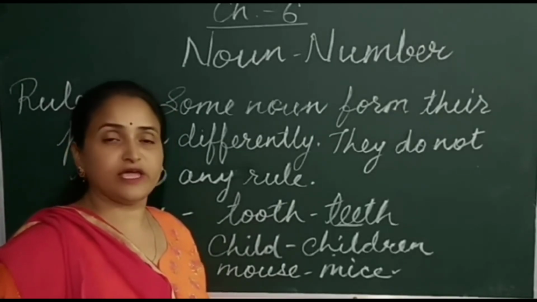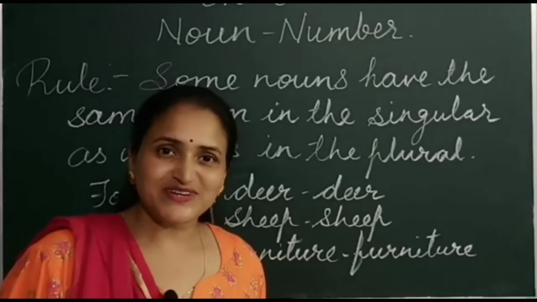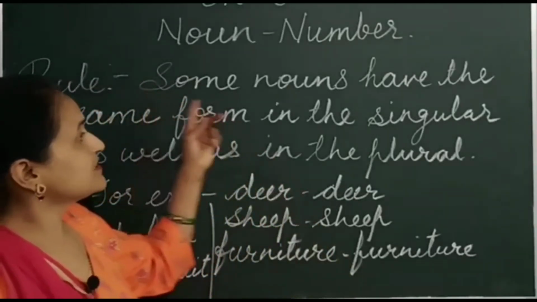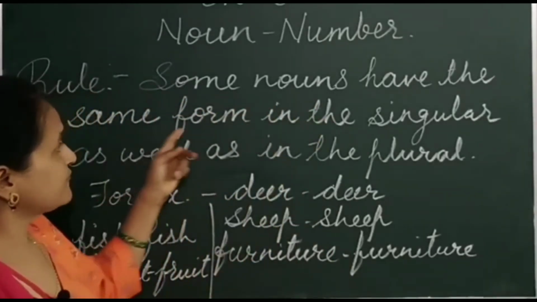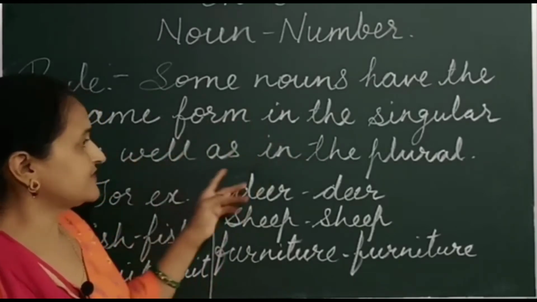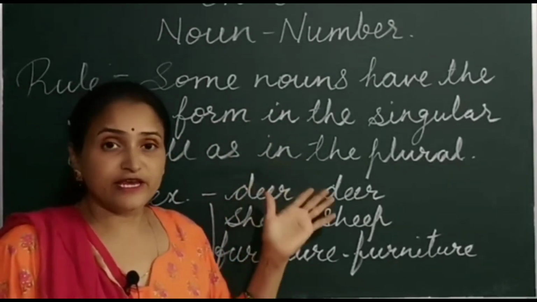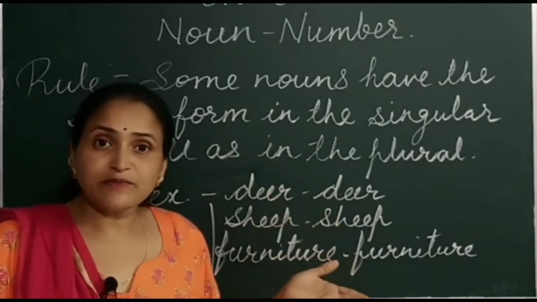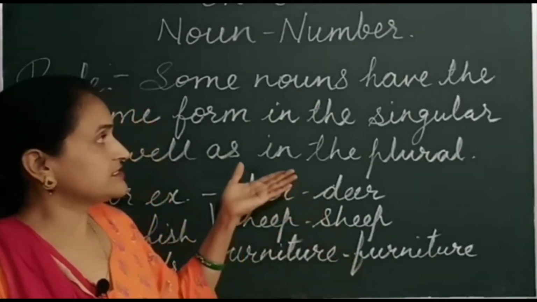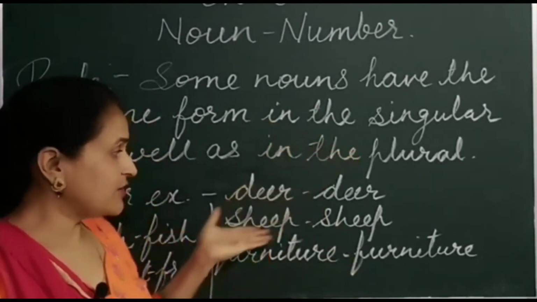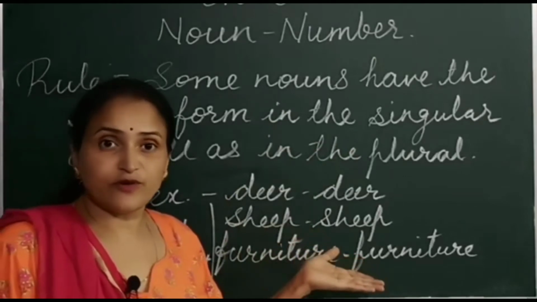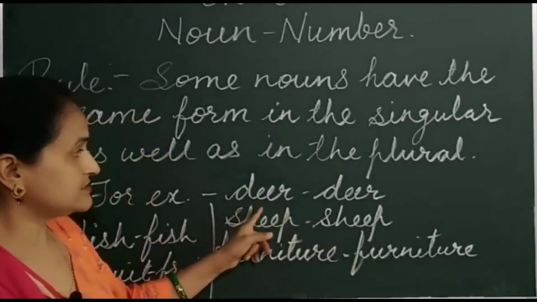Now students, some nouns have the same form in the singular as well as in the plural. It means there are some nouns that are the same in the singular and plural form. For example, that is deer.